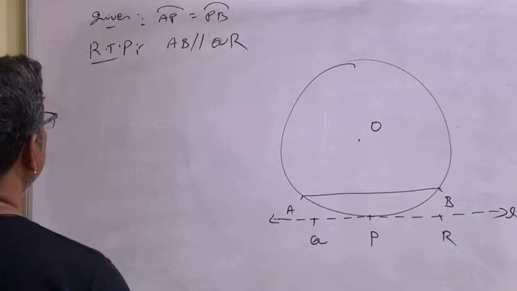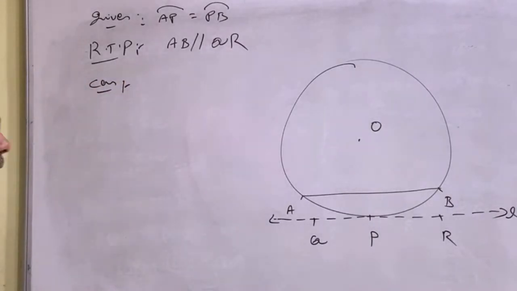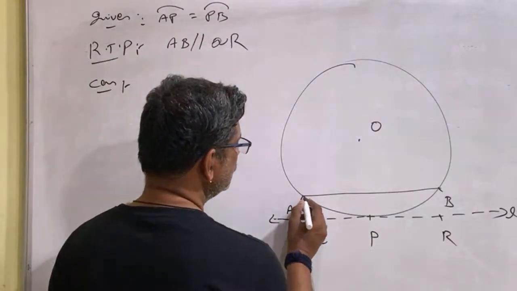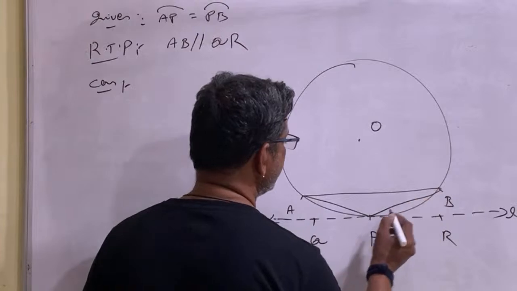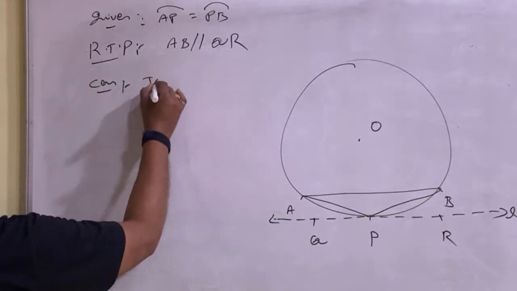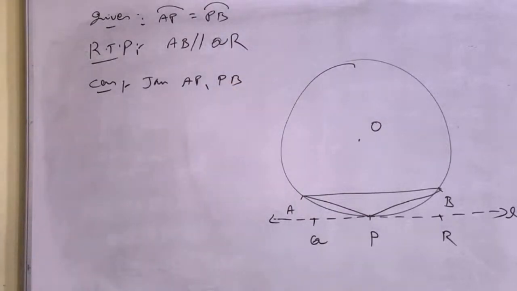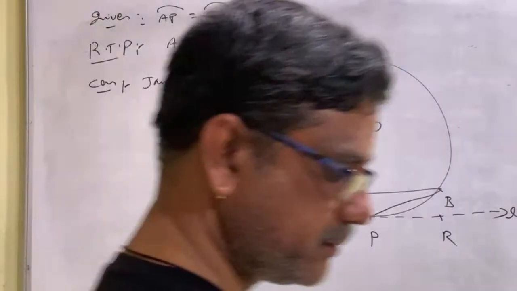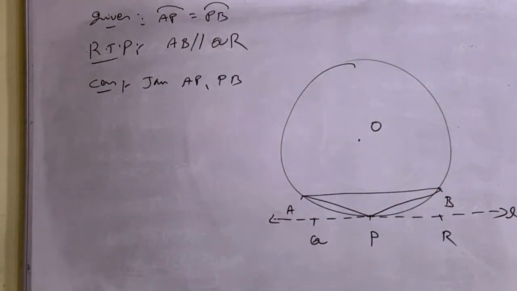Right. Now construction, a very very important question now. Construction: join AP, join BP. Children, what can you say about AP and PB? Chords AP and PB.